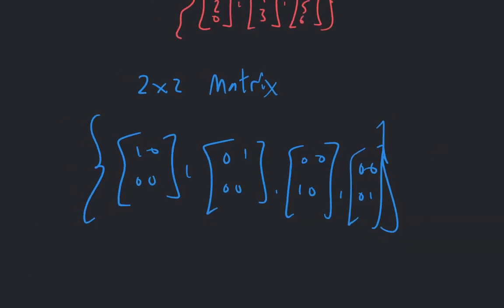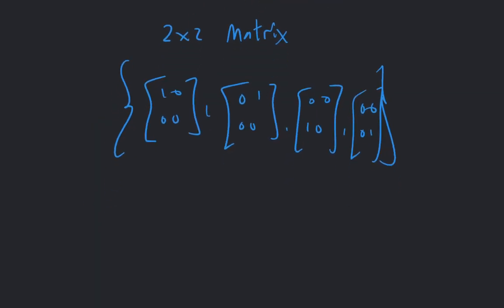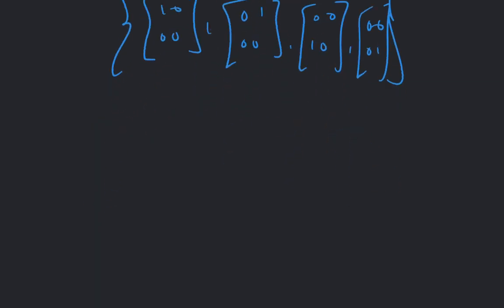Because you can combine these into linear combinations and make any sort of matrix out of it. I thought it was really cool, really neat and interesting. But typically when you look at basis, you're going to be looking at R2 or R3.